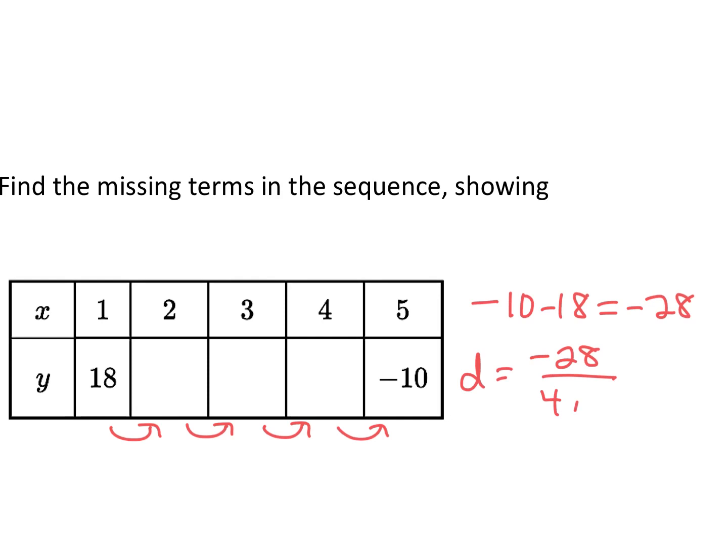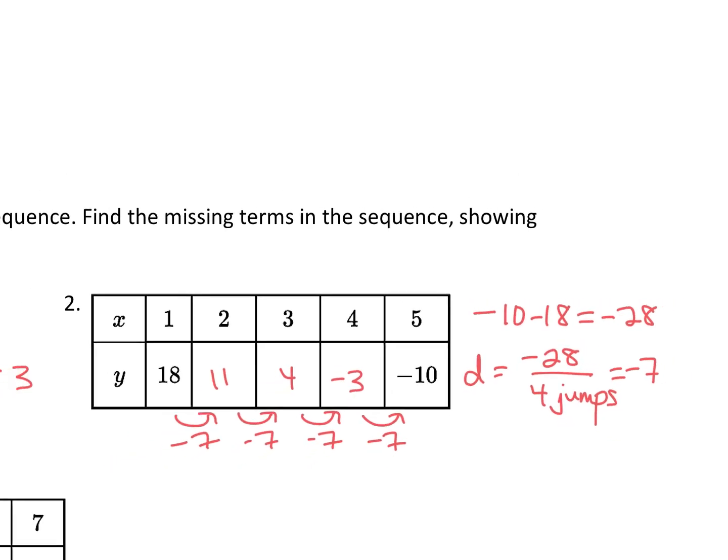So 4 jumps. So it looks like D is negative 7 when we do that division. So minus 7 gets us 11, minus 7 gets us 4, minus 7 gets us negative 3, and then minus another 7 gets us negative 10.